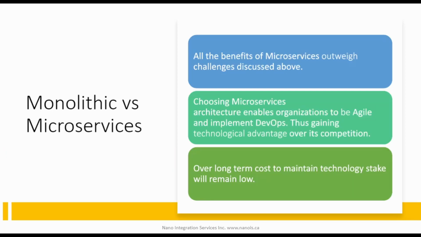So let's have a comparison of monolithic versus microservices at this stage. All the benefits of microservices outweigh the challenges discussed above. Choosing microservices architecture enables organizations to be agile and implement DevOps, thus gaining technological advantage over its competition. Which is very, very important for any organization because this is the time of digital and all the users are extremely tech savvy.